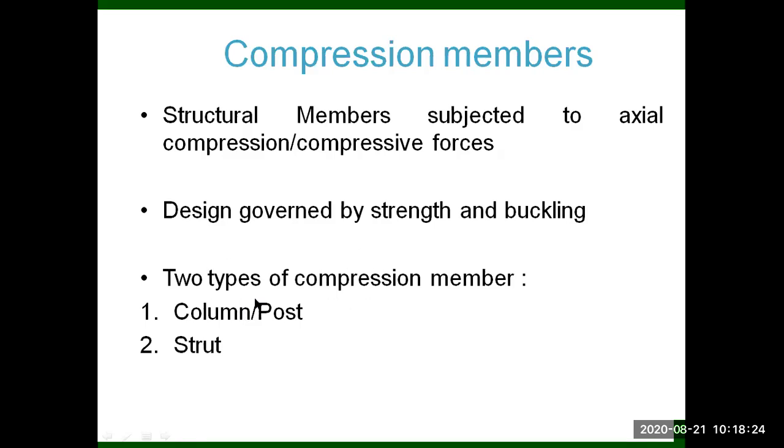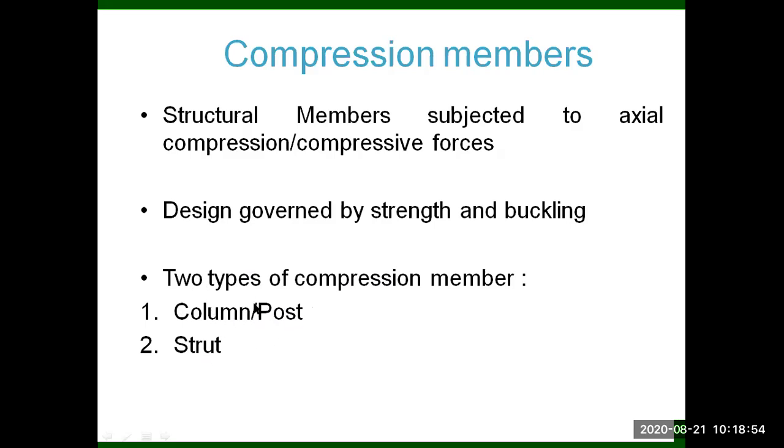There are two types of compression member, and I will explain what is a column and what is a strut. The column or post is the vertical compression member supporting a floor or girder. This column or post is a vertical compression member to support the floor or girder.